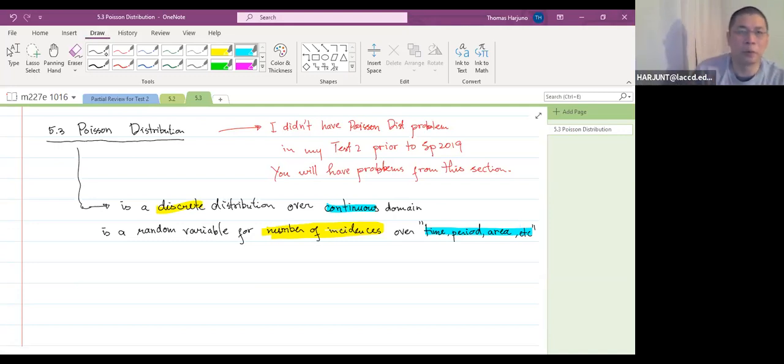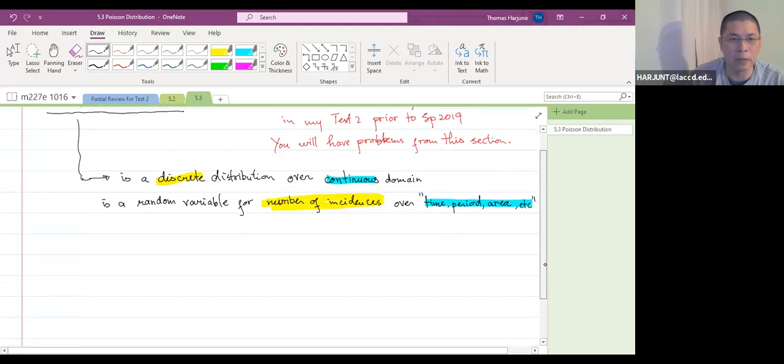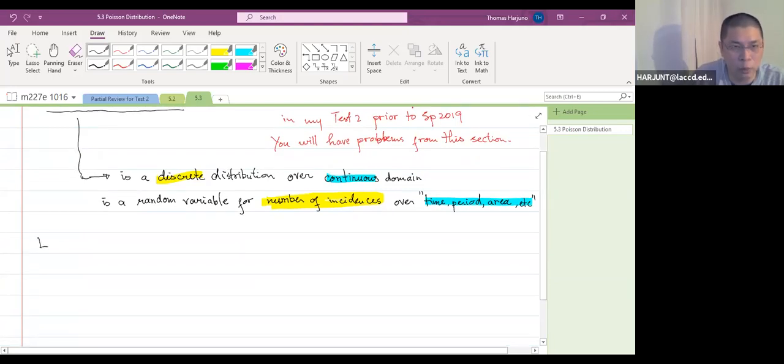Let's say, for example, the cases where Poisson distribution may apply.